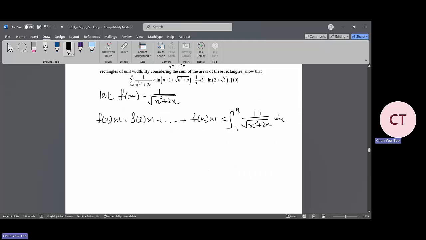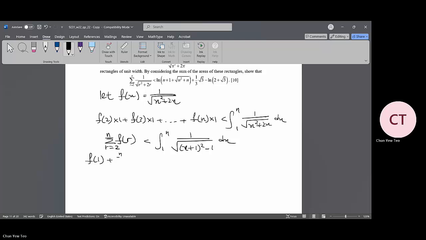So now your left-hand side can be written as this. Your right-hand side, you need to figure out how to integrate them. Over here, you can use completing the square. Okay, so over here, I plus the f(1), and this one, I also plus f(1).